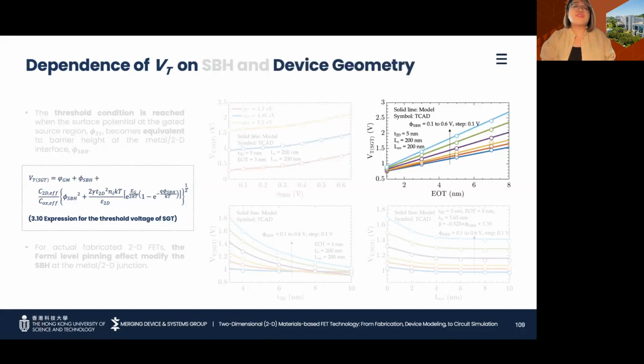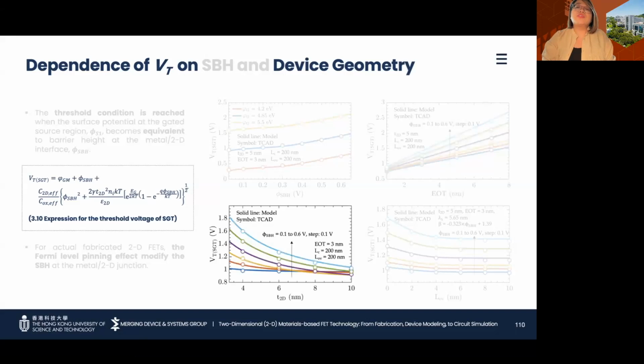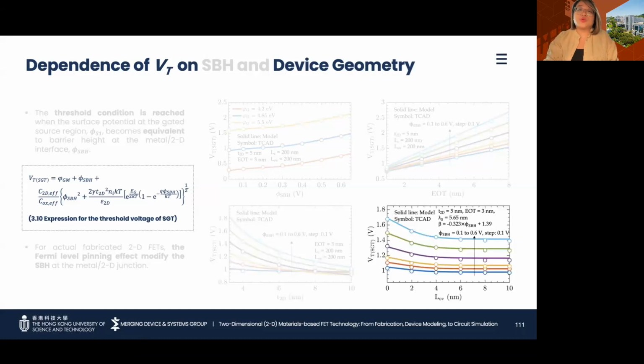When the oxide thickness is scaled down, the gate has more control over phi-S1, thereby requiring a small gate voltage to turn on the device. The opposite is true when the 2D film thickness is reduced, because the electric field at the metal 2D junction will dominate at thinner films. When the gate overlap length is reduced, a larger gate voltage is needed to control phi-S1, thereby increasing the threshold voltage.